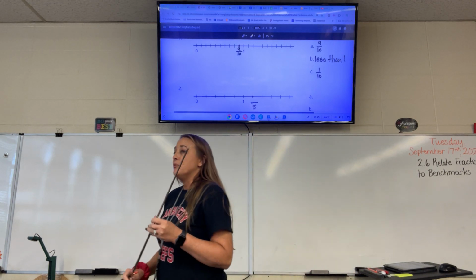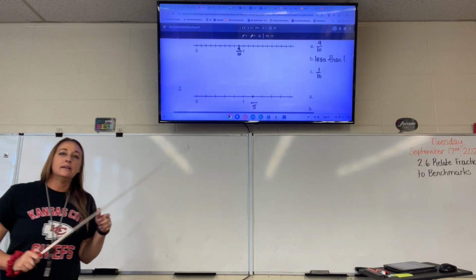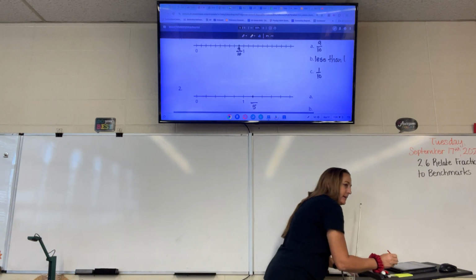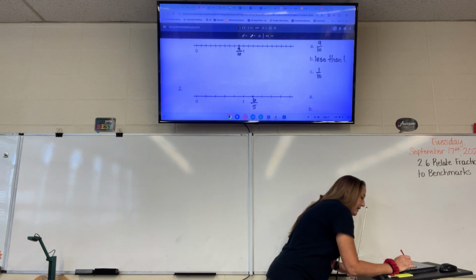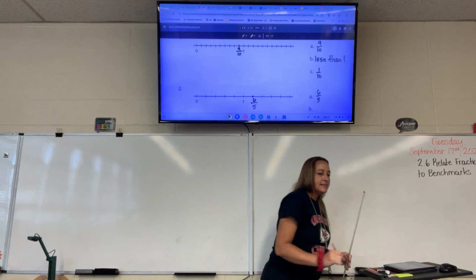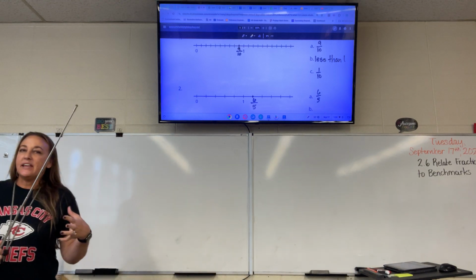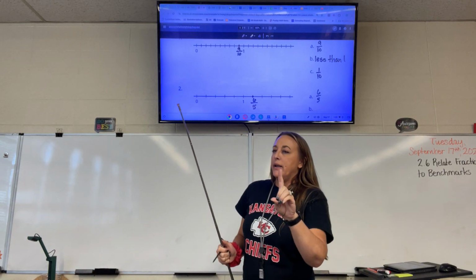What fraction would our tick mark or our dot be at? Avis? 6 fifths, that's correct. Give Avis a point. And so we're going to write that next to A, 6 fifths. So is 6 fifths less than or greater than 1?